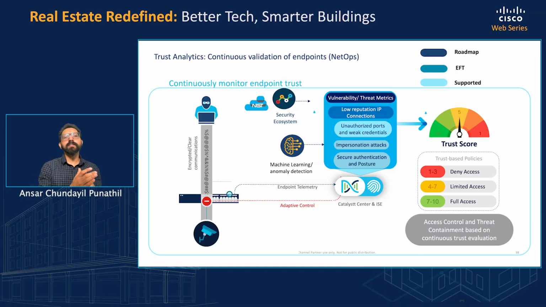Additionally, trust analytics identifies unusual behavior as well as threats like fake identities created through MAC or probe spoofing, vulnerabilities originating from unauthorized ports and weak passwords, and an endpoint connection to malicious IPs via Talos integrations. It also leverages vulnerability as well as threat metrics from various sources like NIST, Cisco internal data, and partner ecosystem data to enhance the overall assessment of endpoint trustworthiness.